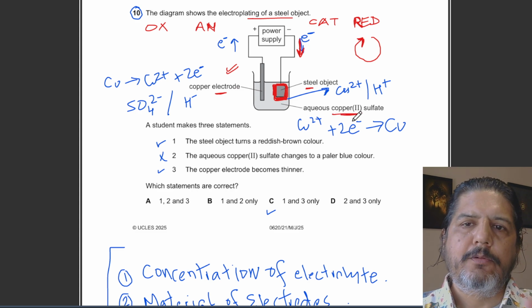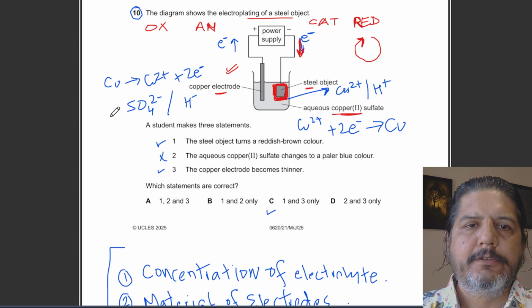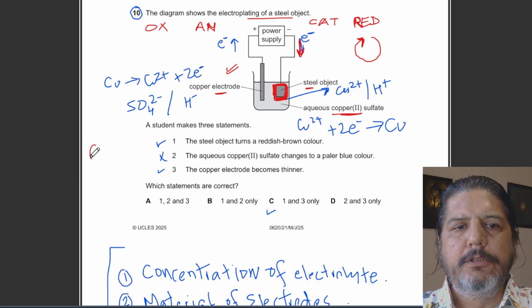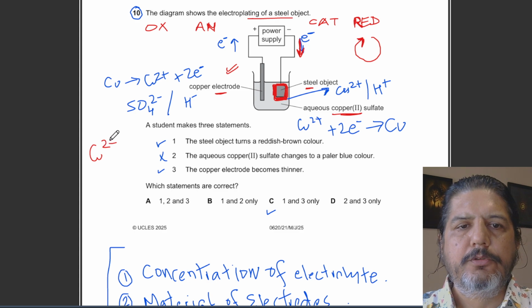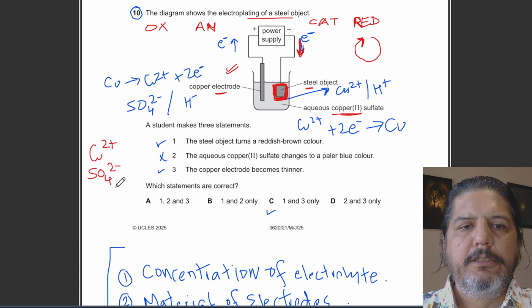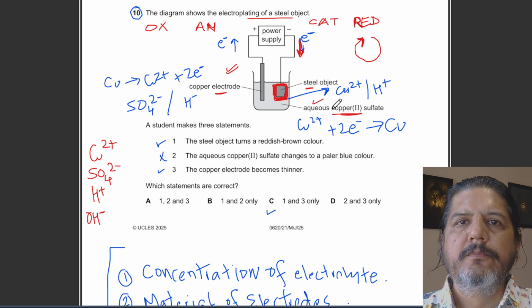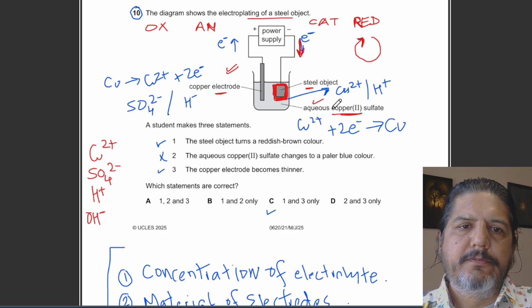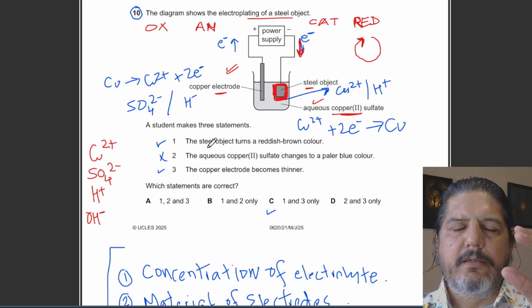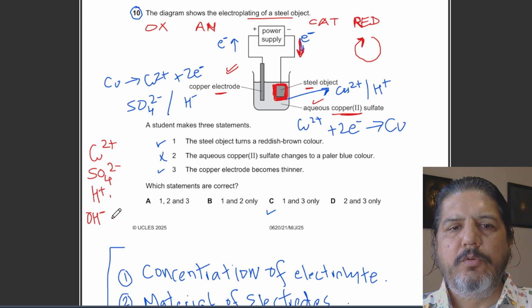So when they say aqueous copper sulfate, what you need to remember is that we will have the ions Cu2+, SO4 2-, H+, and OH-. See, because it is aqueous, we will have the ions of H+ and OH- also.